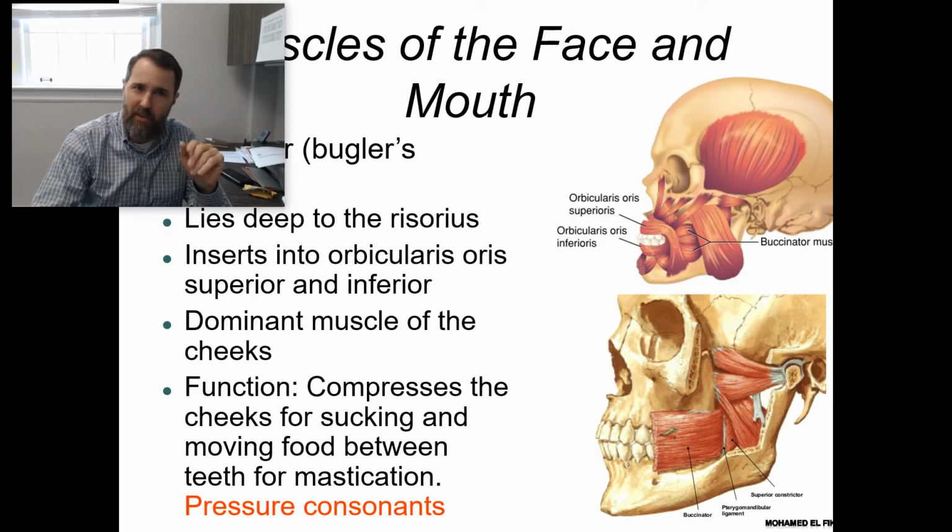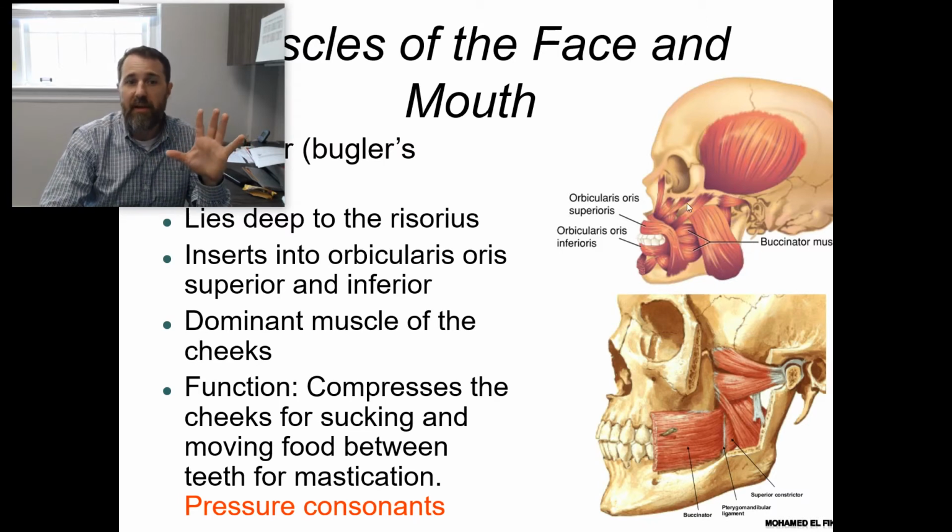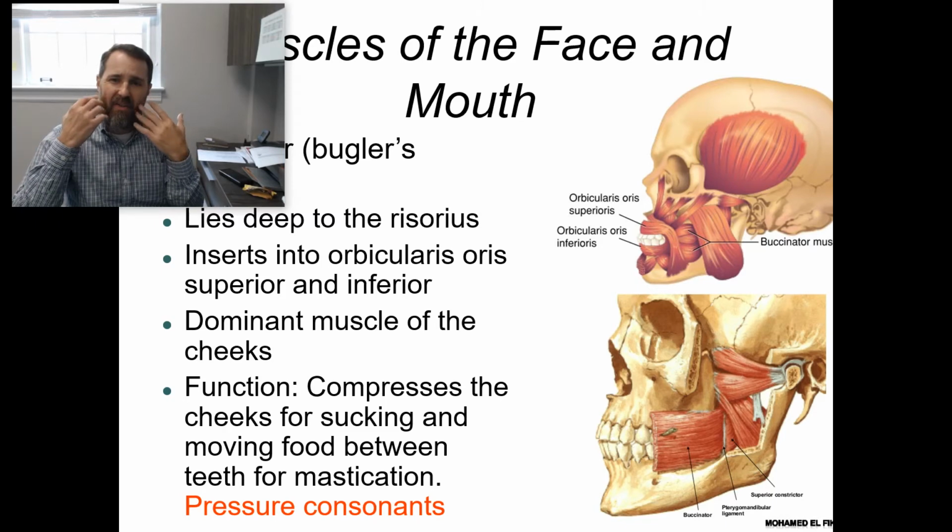Beneath the risorius is a muscle that is referred to as the buccinator. And the buccinator is, historically, they refer to this as the bugler's muscle. And the buccinator is the muscle of the cheeks.